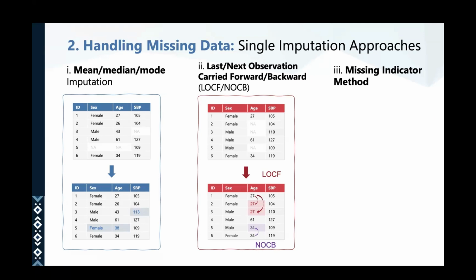So that's next observation carried backward. This method is applicable particularly in longitudinal studies, where, for example, if you were measuring people's weights and someone is missing a weight measurement in a particular visit, you can just take their previous weight measurement and use it.